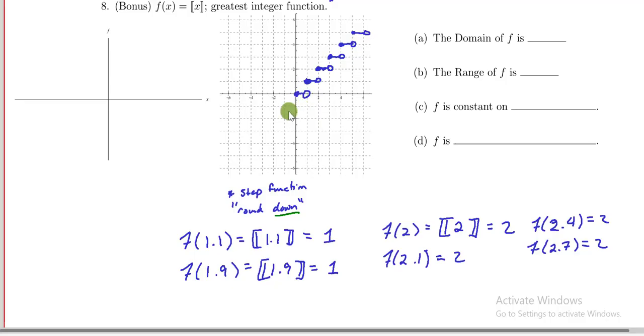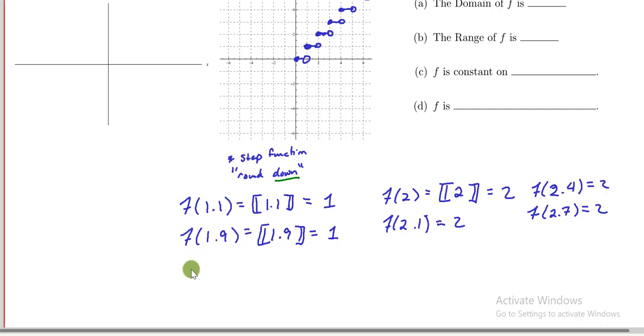Now, it works the same way with the negative numbers. You just have to be a little bit careful when you round down negative numbers. So for example, if I were to take f of negative 1.1 and I round that down, that gets rounded down to negative 2. And if I were to take f of negative 1.9 and I round it down, it gets rounded down to negative 2.